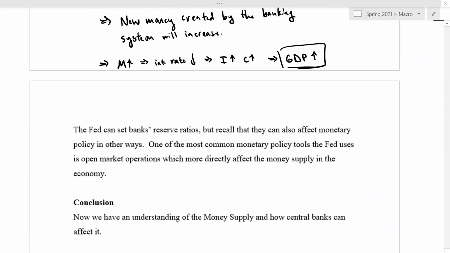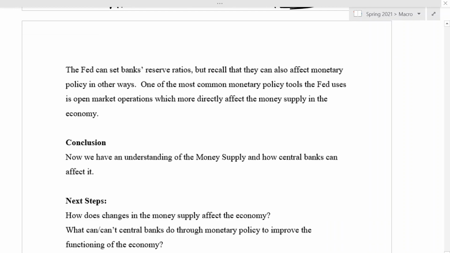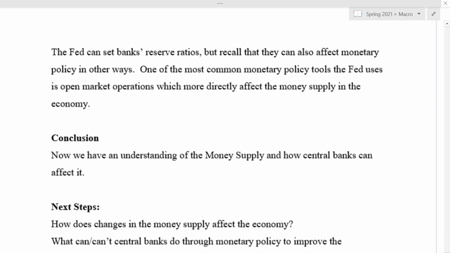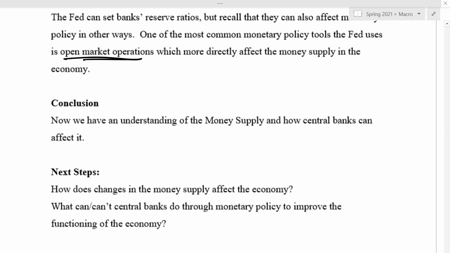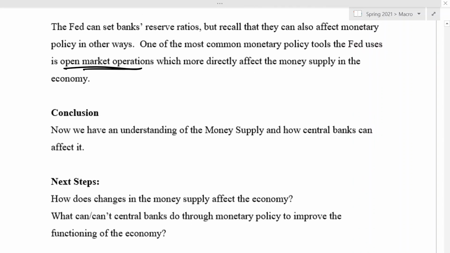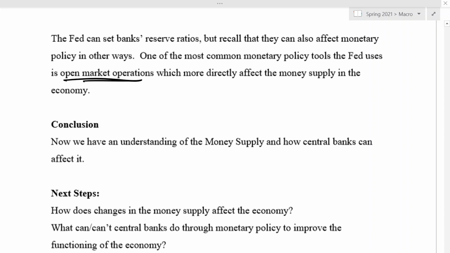All right. So the Fed can set reserve ratios and affect monetary policy in other ways. Open market operations are largely the case. And so that is a nice high-level overview of how the Federal Reserve System works, how monetary policy works.